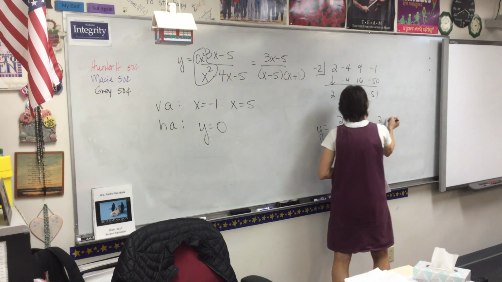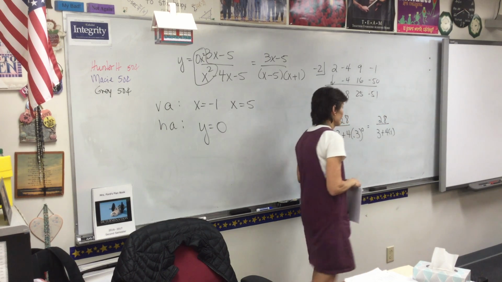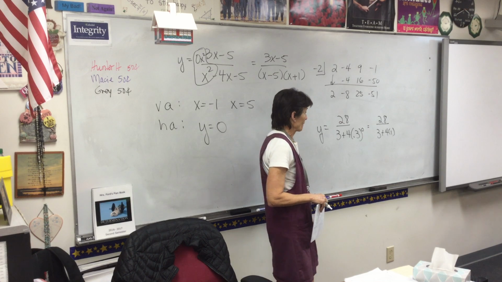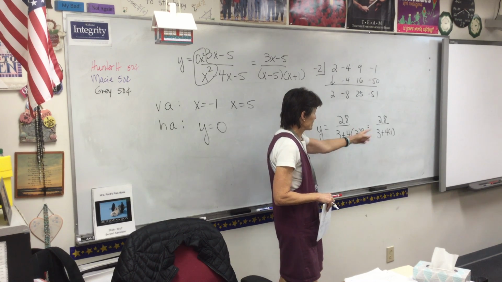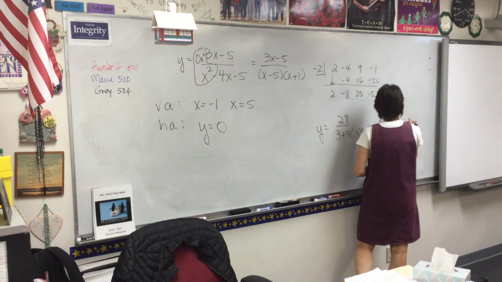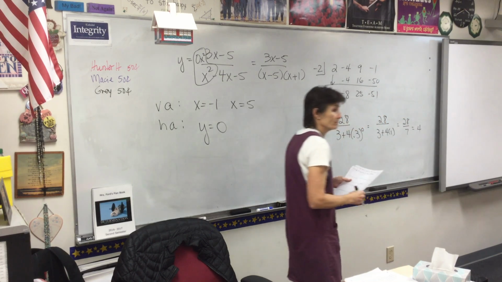So this is really 28 over 3 plus 4 times 1. This is 1. Anything to the 0 is 1. What's in my denominator? 7. So we have 28 over 7, so the y-intercept is at 4.